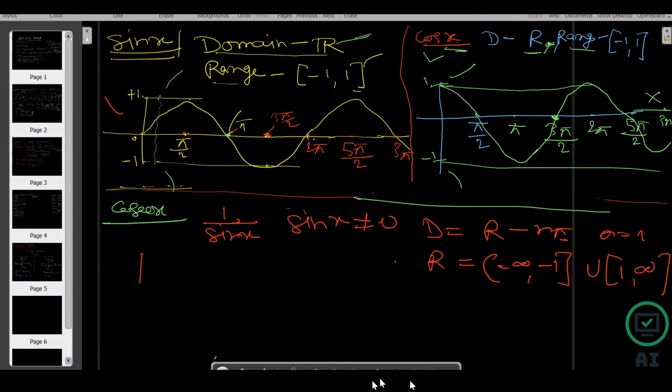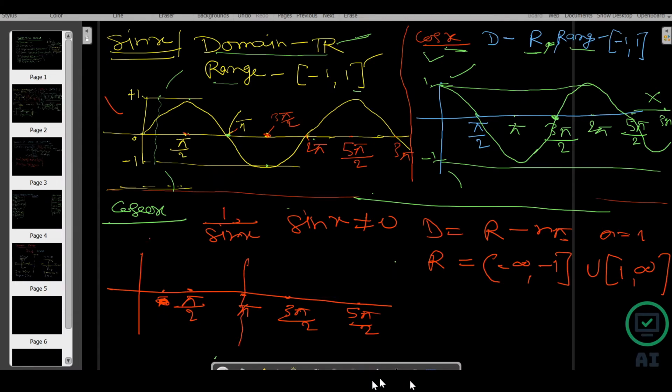So what is this function? Here this is pi by 2, this is pi, 3 pi by 2, 5 pi by 2. So this is minus infinity to minus 1, and 1 to infinity. So this is pi.